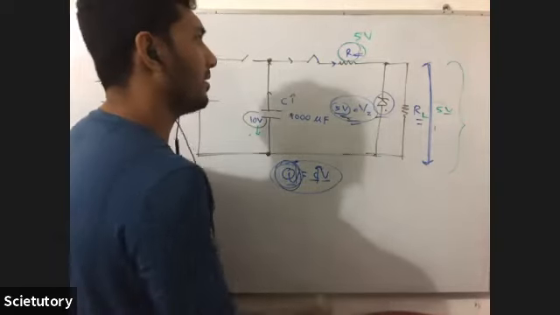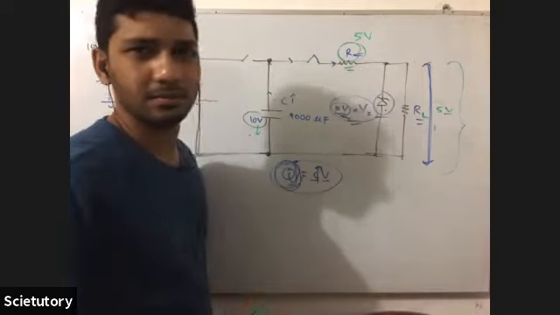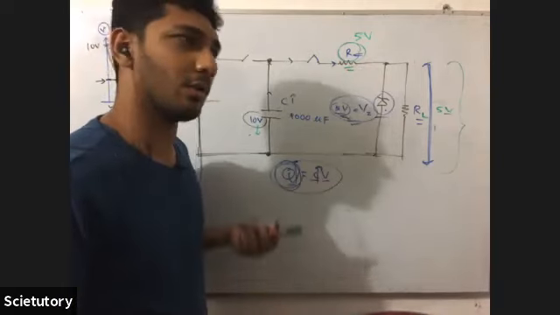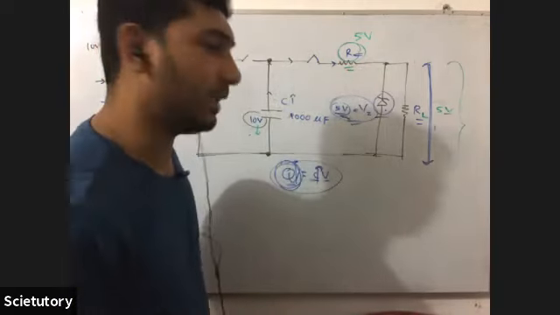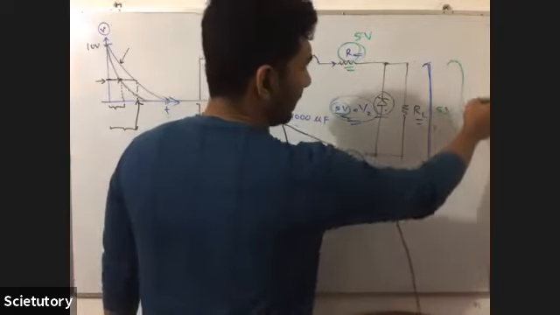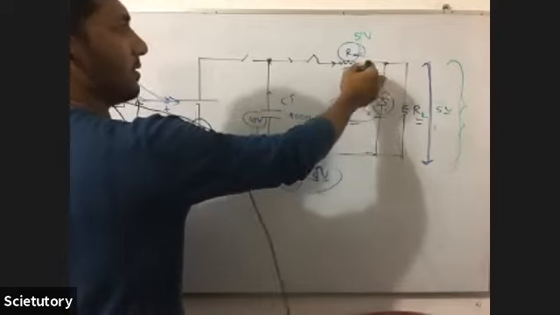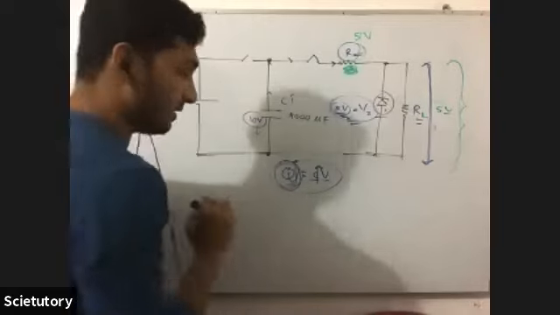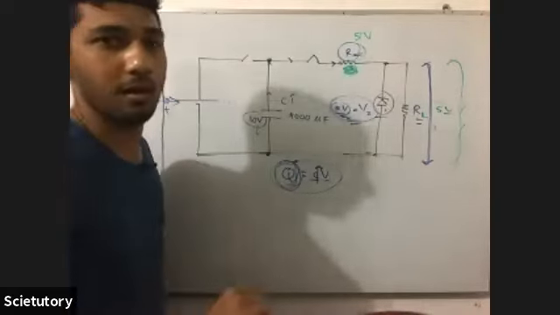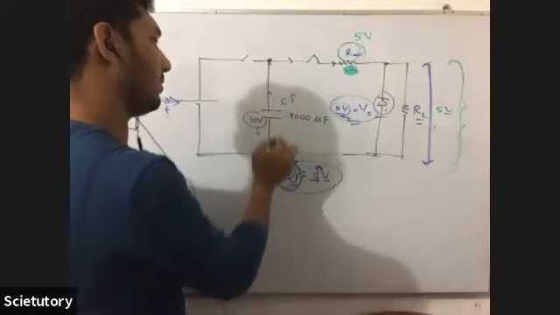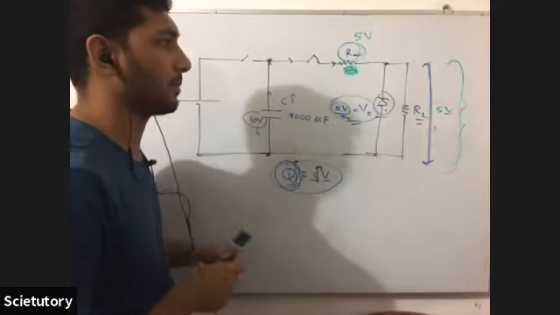Okay. But what do you think about this one? That was always decreasing, no? Initially, even if it is constant, the voltage drop across this resistance should fall. Why? The total voltage falls now.